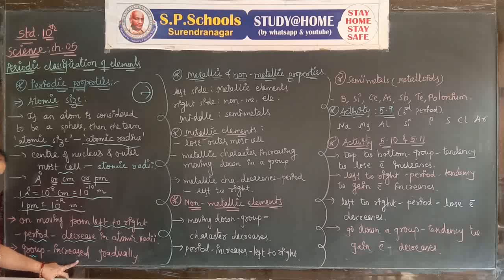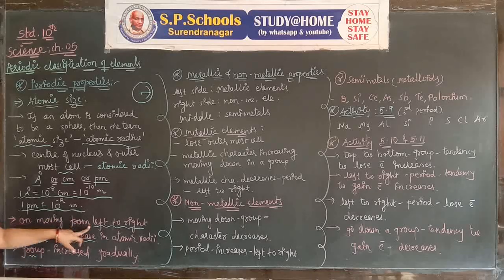The atomic radius increases gradually in a group, but moving left to right in a period, it decreases.